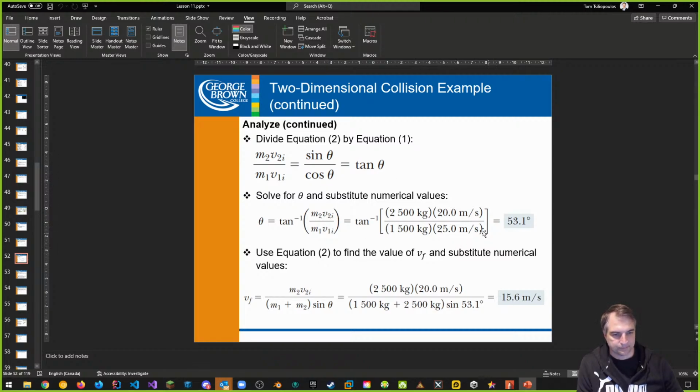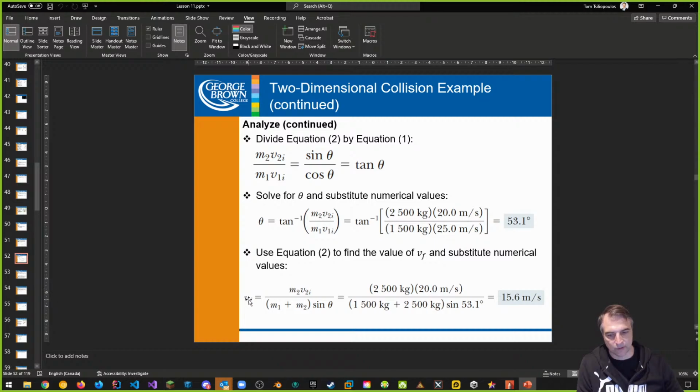Over cos theta, again, cos theta is at an angle of 0. Sine theta is at an angle of 90 degrees. Both equate to 1, right? So 1,500 kilograms times 25 meters per second. You take the first values and divide it by the second values. And we take the arc tangent of this, which gives us a final angle of 53.1 degrees. That is the angle that the object is moving in.